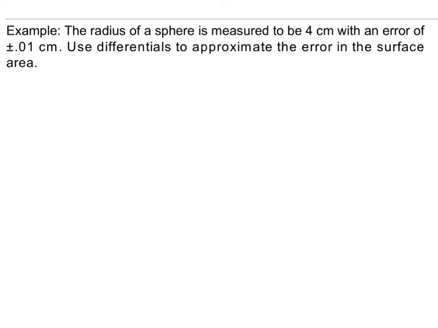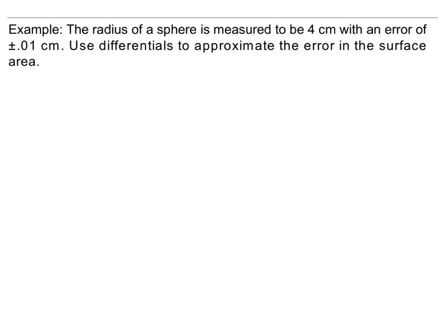One more. The radius of a sphere is measured to be 4 centimeters with an error of plus or minus 0.01 centimeters. Use differentials to approximate the error in the surface area. The surface area of a sphere is 4 pi r squared.